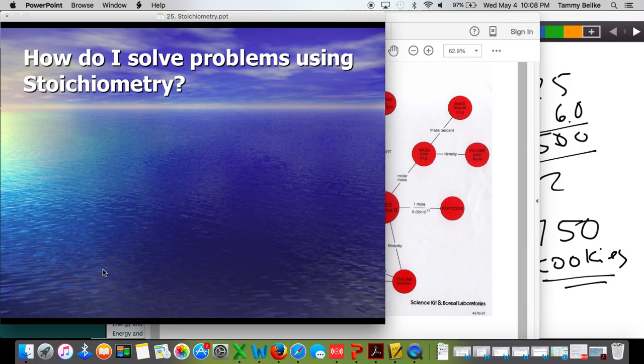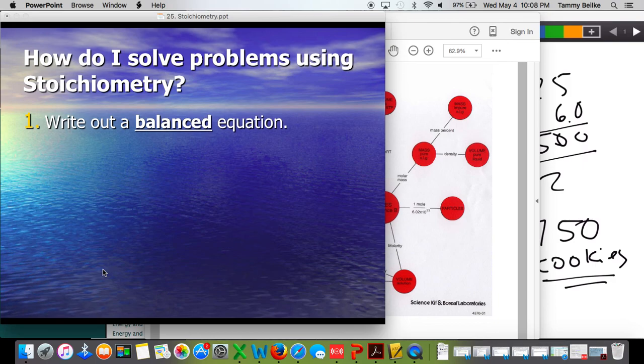Stoichiometry is actually even more simple, I think, because it is very limited in the number of conversion factors you typically use. Okay? So, step one for doing any stoichiometry problem, you have to have a balanced chemical equation.